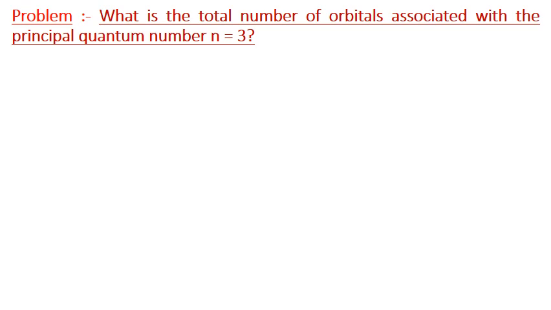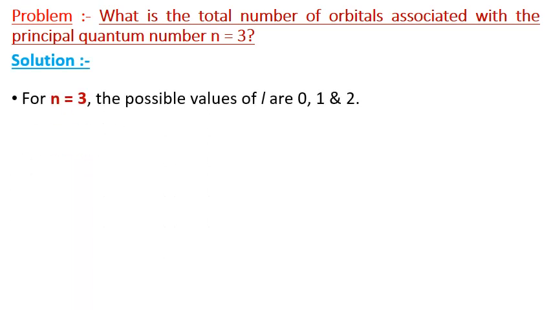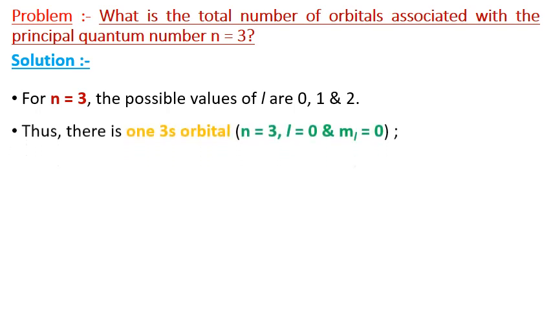Let us take problems. What is the total number of orbitals associated with the principal quantum number n is equal to 3? Solution. For n is equal to 3, the possible values of l are 0, 1 and 2. Thus, there is one 3s orbital whose n value is 3, l value is 0 and ml value is 0.